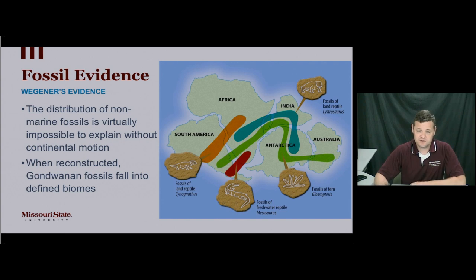Their biological distributions don't make any sense unless we put the continents back together, in which case they could have lived in a terrestrial environment along those connected land masses. Other individuals at the time that Wegener was proposing this hypothesis suggested there would be land bridges that were discovered, and that the animals walked across those bridges from continent to continent, because they found it difficult to believe that the continents moved around.